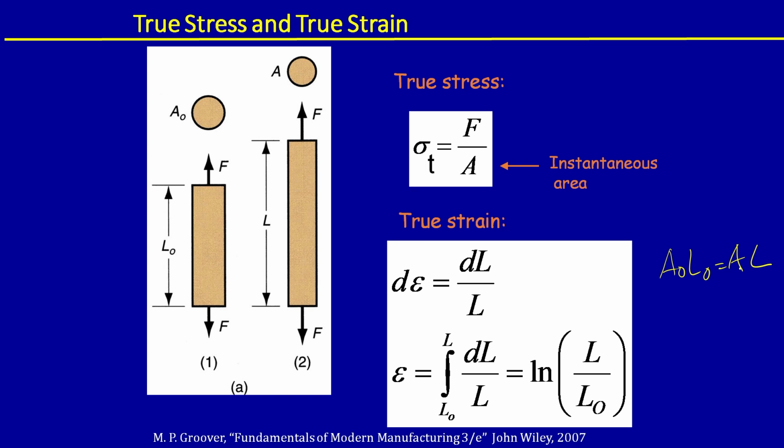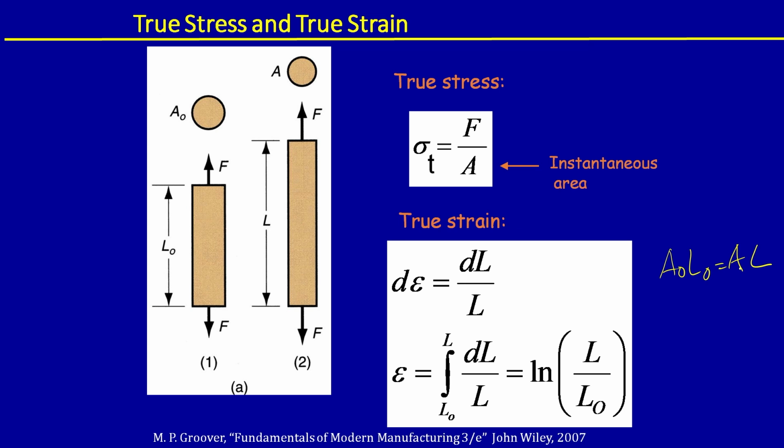So, what do you do? You take care of that part using the actual or instantaneous area or instantaneous length. So, two new parameters come into the picture, true stress and true strain. True stress is equal to force divided by the instantaneous area, or actual area, at any point during the testing.